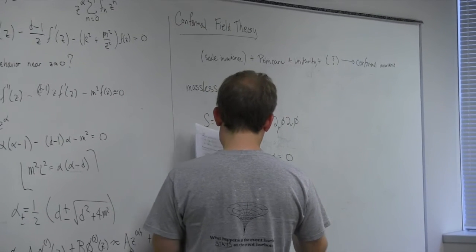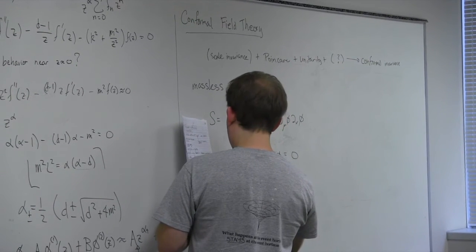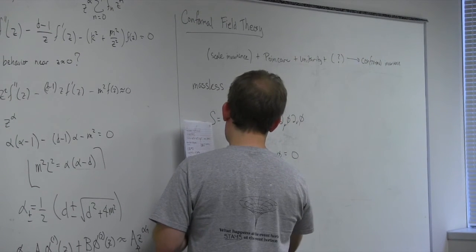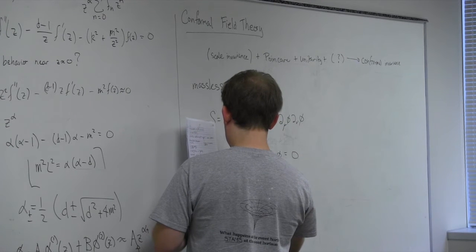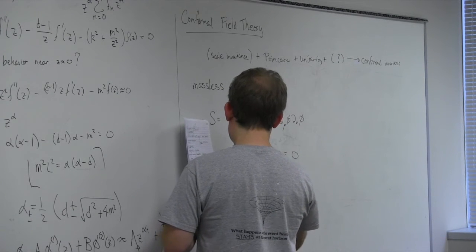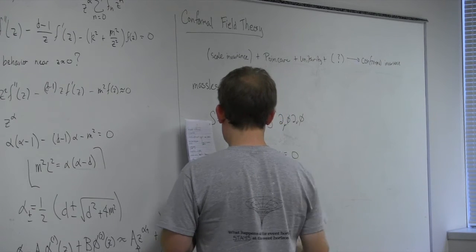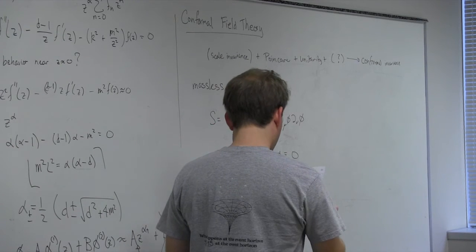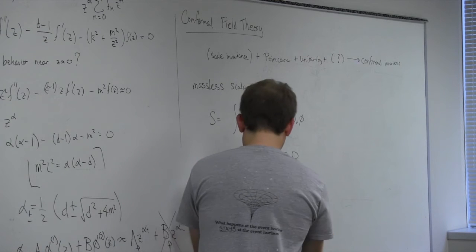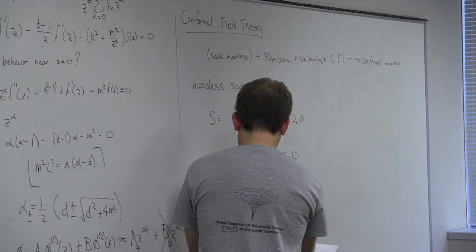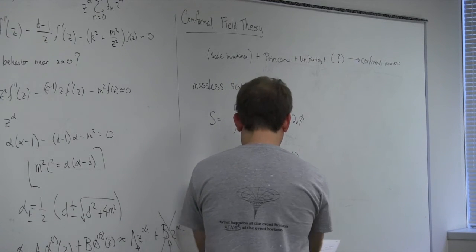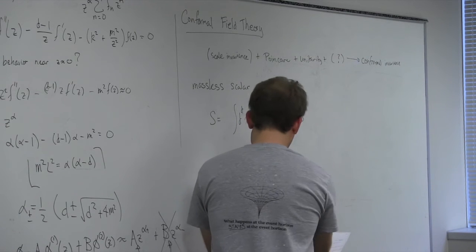The simplest example is scaling, as we mentioned. You take your coordinate x^mu to some constant omega times x^mu, and you scale phi with its scaling dimension.